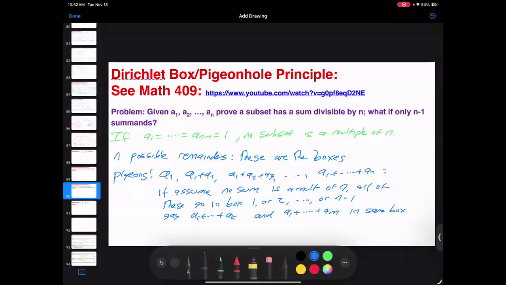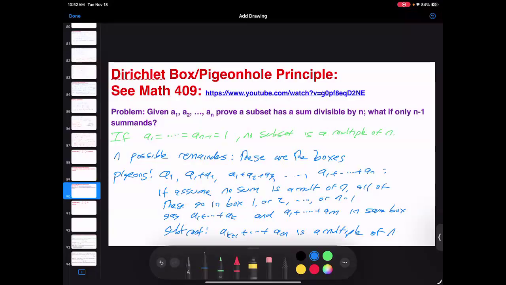What does it mean to be in the same box? They have the same remainder when you divide by n. So if you subtract, you get ak plus 1 all the way to am is a multiple of n, because they're in the same box. So this is a nice application of the pigeonhole principle.